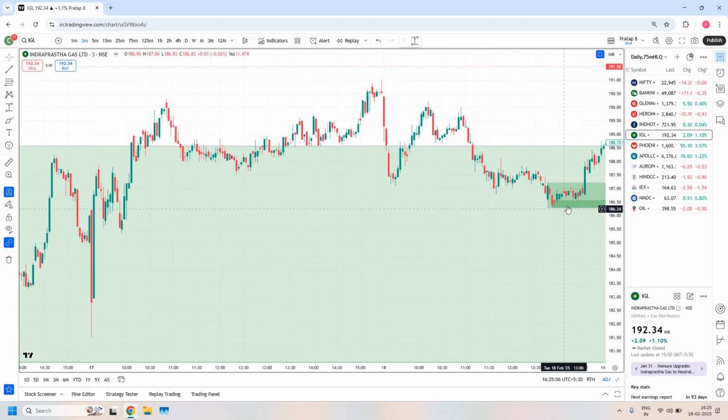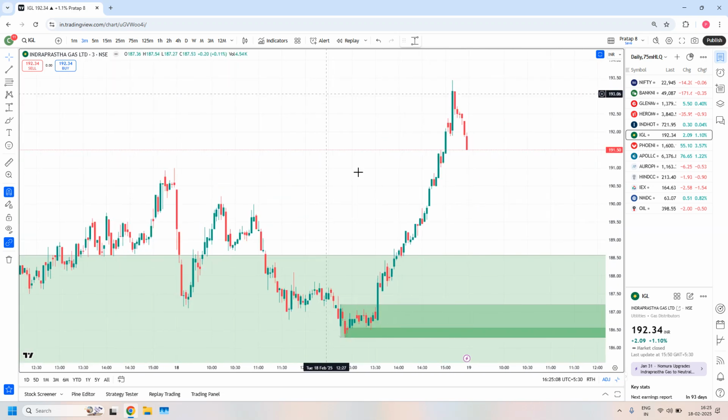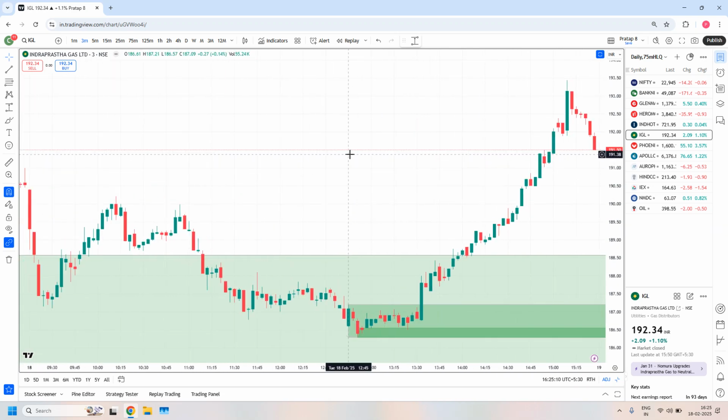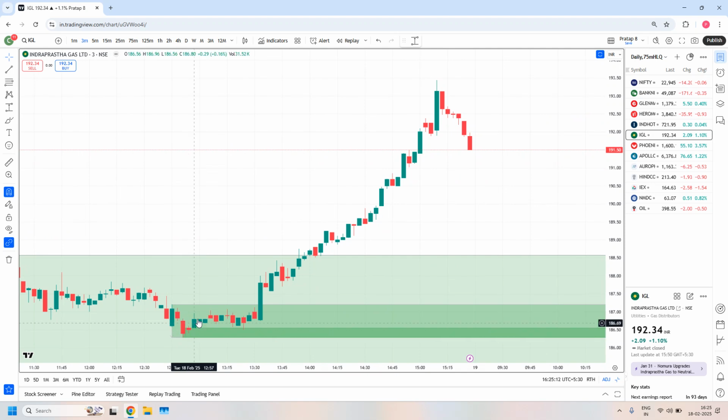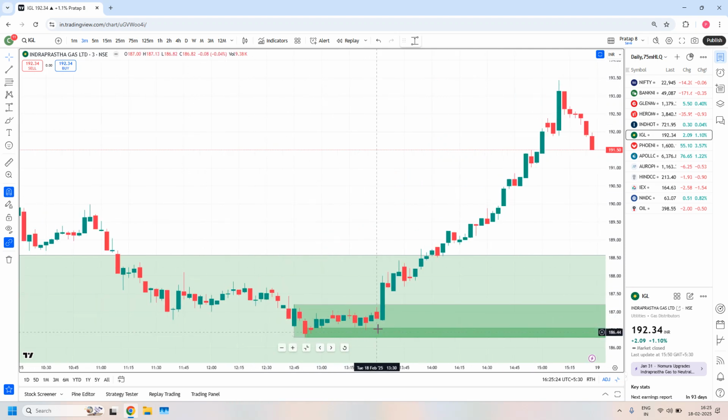Maybe in the future this could be high liquidity, but not a very confident level, because all these price actions happened today only, and very quickly. If some considerable move up happened, and again it came, tested and moved further up, then definitely I would have considered this high liquidity. But here, when prices are moving in a narrow range, generally what happens?